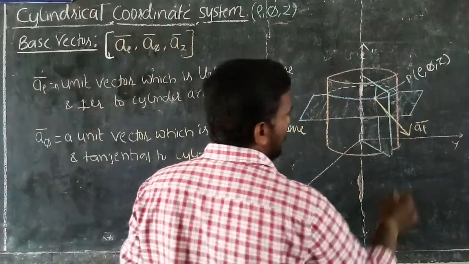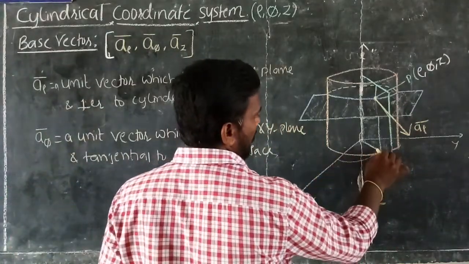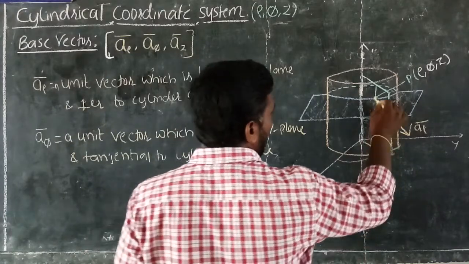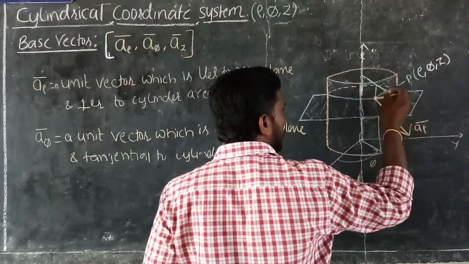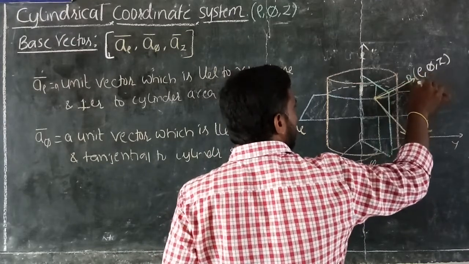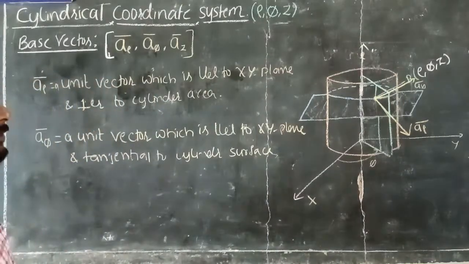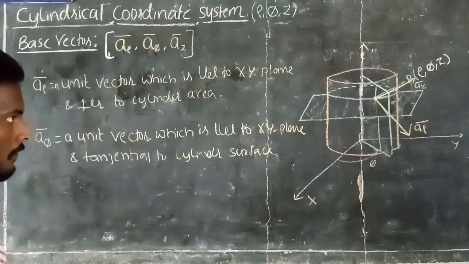And it is in the direction of phi. This is your phi, so your a phi bar is oriented like this. Now we have completed two of the base vectors.